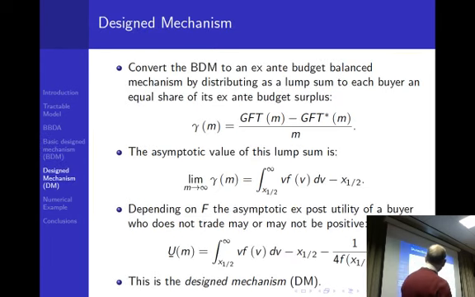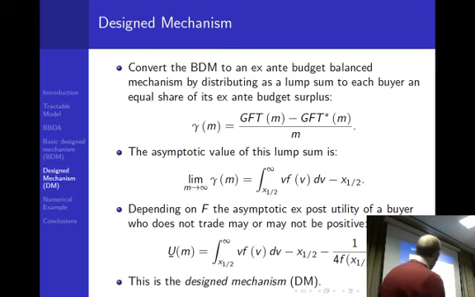So here's the setup. Convert the basic design mechanism to an ex-ante budget balance mechanism by distributing as a lump sum to each buyer an equal share of the basic design mechanism's ex-ante budget surplus. That's what we had in the basic design one. Sellers came out fine, but we kept that half which really belonged to buyers.